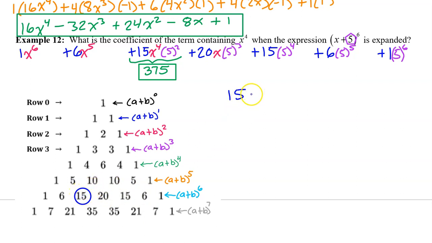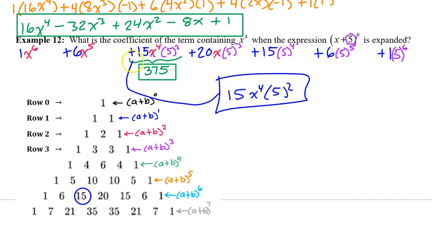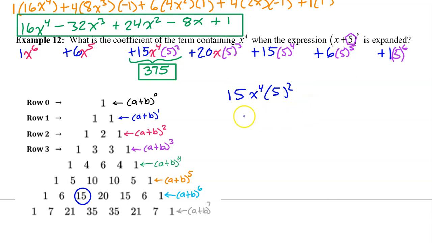So then you would just say, x to the fourth power times 5 squared. So you can get right to here without showing all of this other stuff. And then you would do 15 times 25 and get your 375. So you do not need to show all of this work.